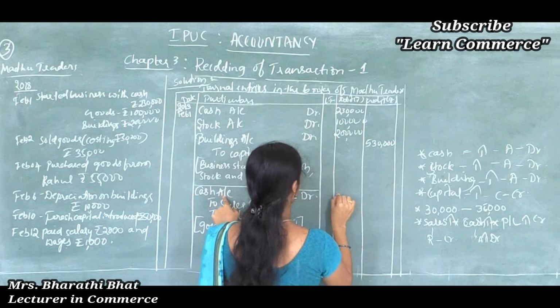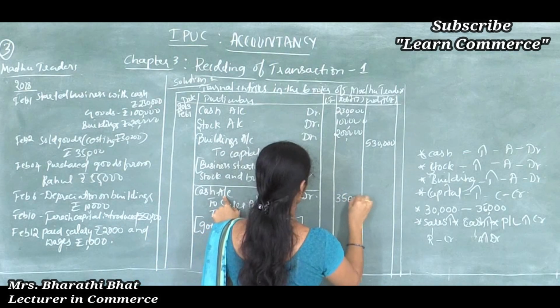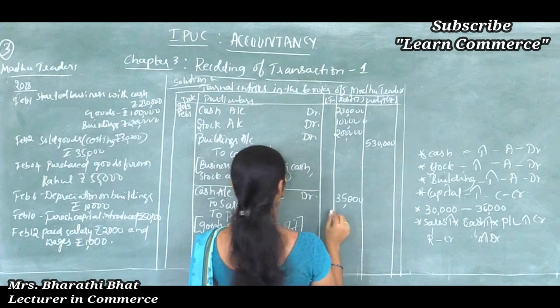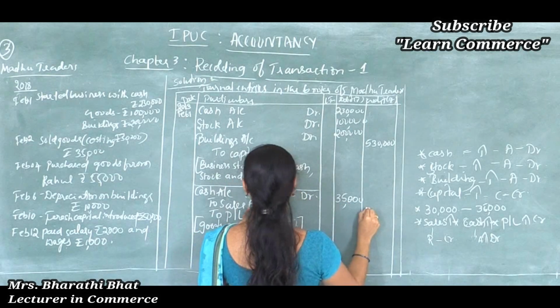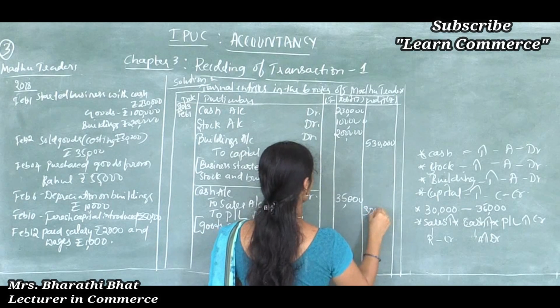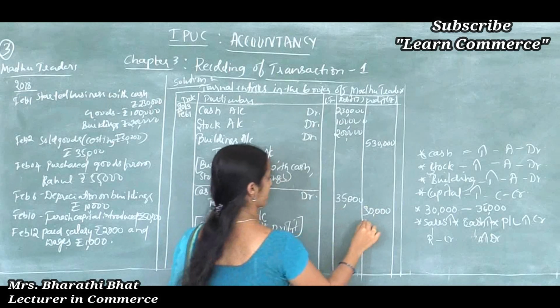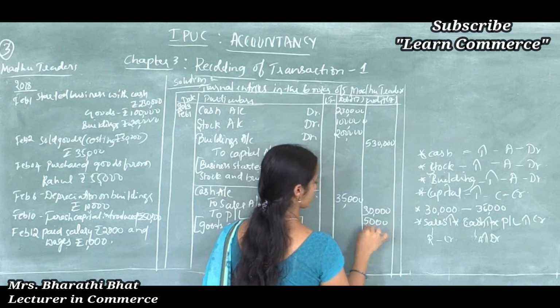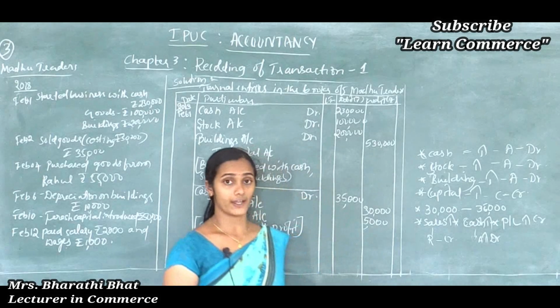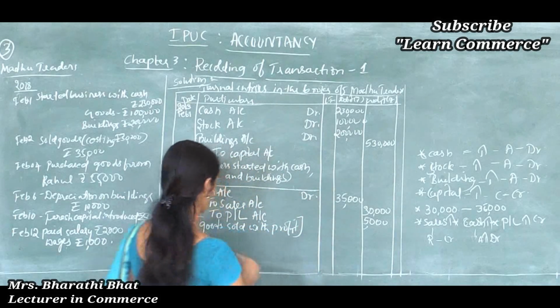So 30,000, 35,000 he had received, 35,000. Sales 30,000, profit 5,000. So 35,000 is 30,000 and 5,000.